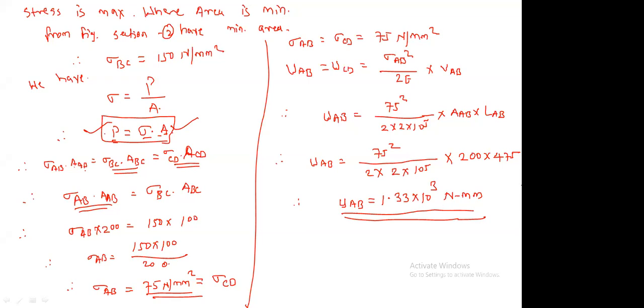If U of AB is equal to this, but U of AB is equal to U of CD. Therefore, U of CD value also remains same, that is 1.33 into 10 raised to 3 Newton mm. Because in the total strain energy calculation we have to consider the effect of third section also.